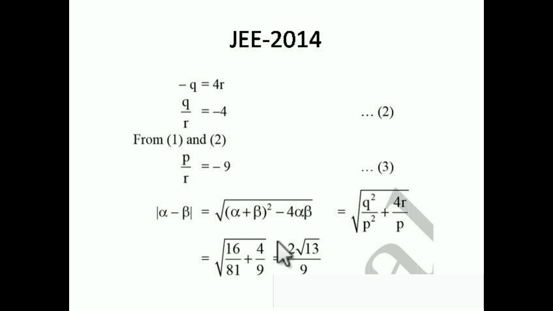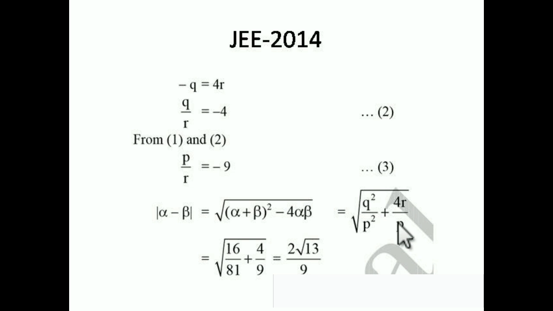Then what is q by p? We have to find the ratio of q by p. We can find that ratio by dividing these two. If we divide these two, r gets cancelled out and q by p comes out as 4 by 9. So 4 by 9 whole square is 16 by 81.